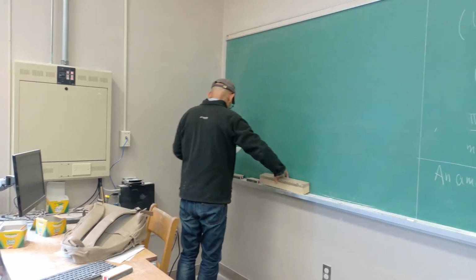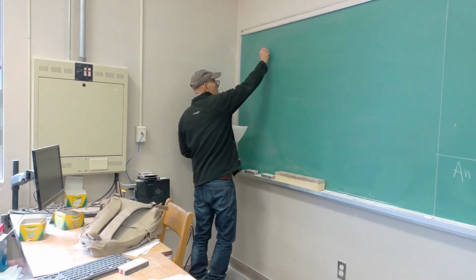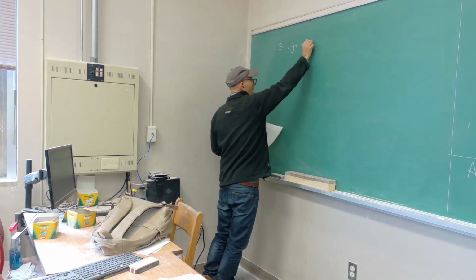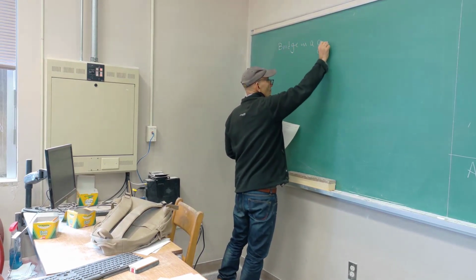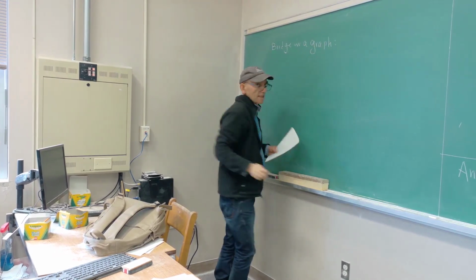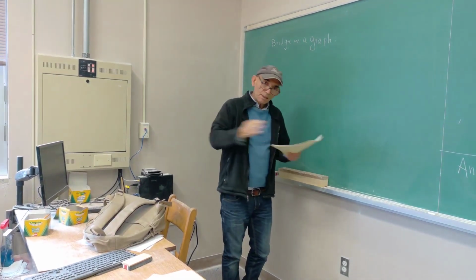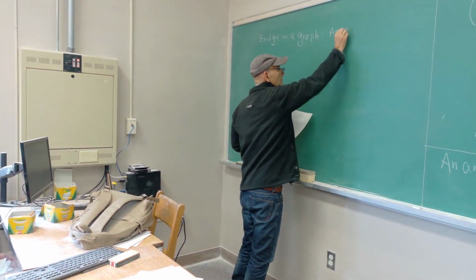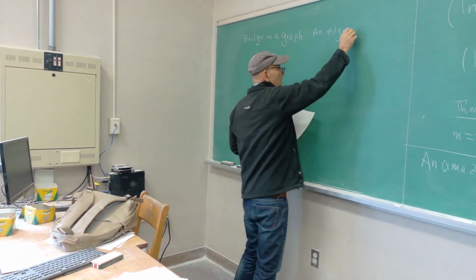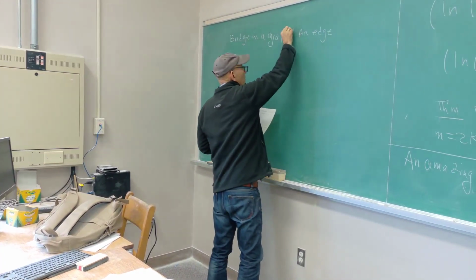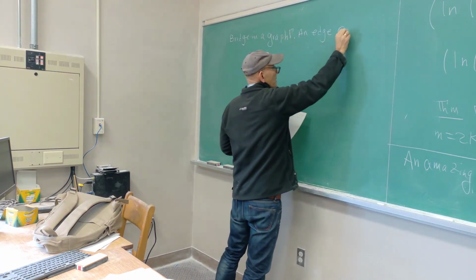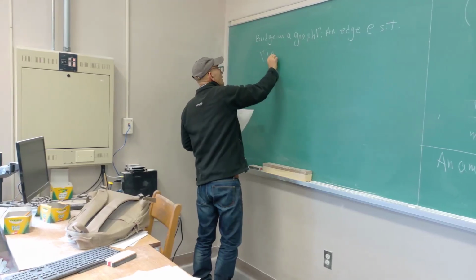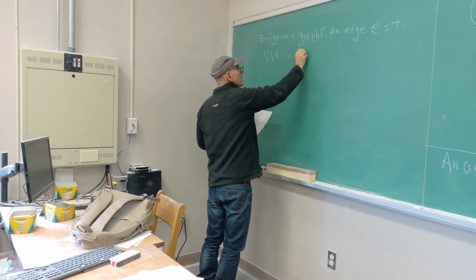That's great. Okay, so first of all, a bridge in a graph is an edge that, if you cut it, makes the graph disconnected. An edge E in the graph gamma, an edge E such that gamma take away E is disconnected.